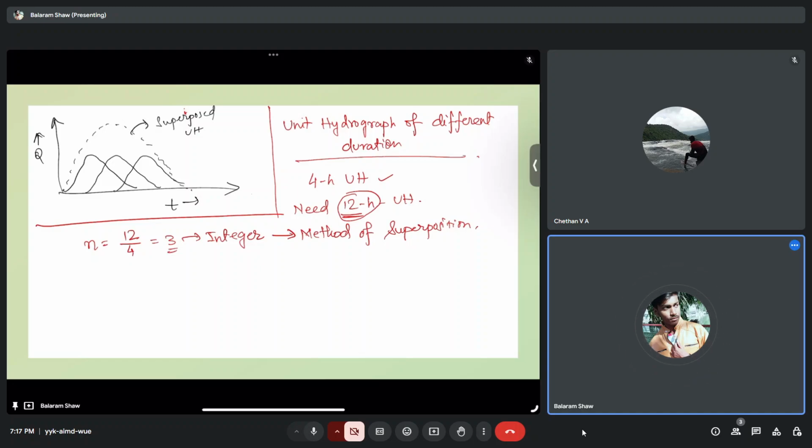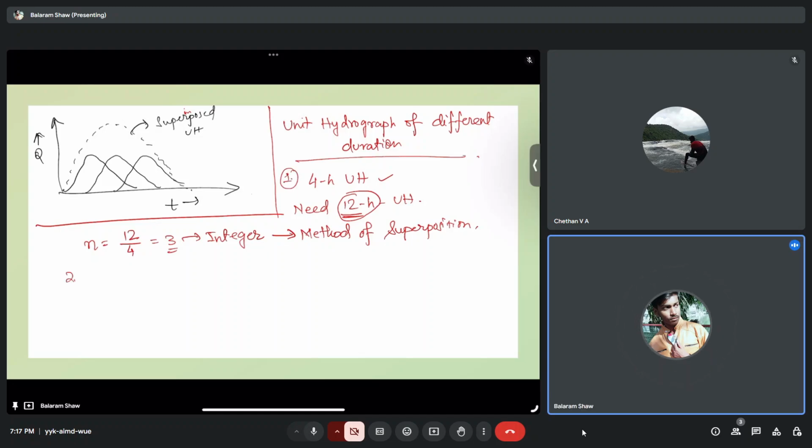Here we are giving 3 lags, so 1 centimeter each, 3 times, so we have to divide by 3 centimeter, and then you will get the 12 hour unit hydrograph from there. Okay, this is one case.